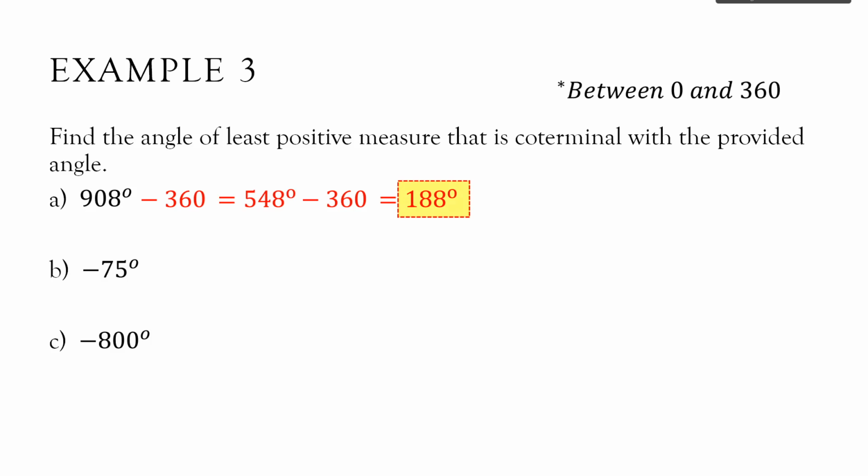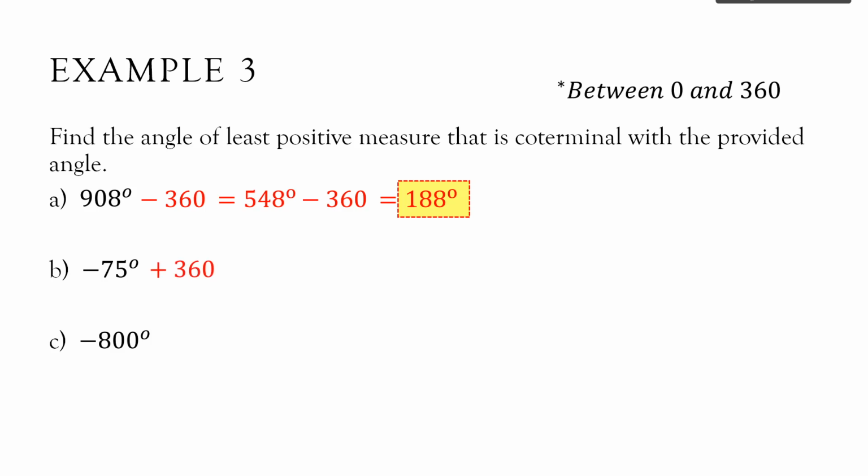What about for part B now? What if I have a negative angle? Well, I definitely don't want to be subtracting 360. If I did negative 75 minus 360, I'm just going to get a larger negative number. So instead of subtracting 360, I'm going to go ahead and add 360. And this is still fine.